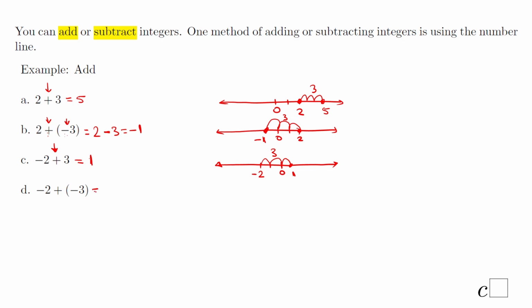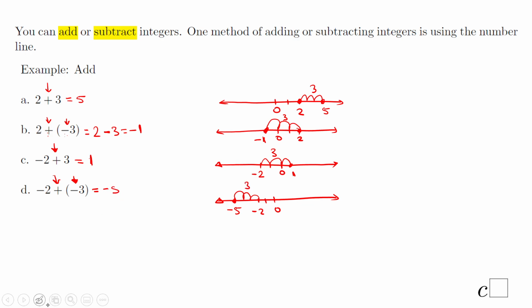And the last one, we have -2 plus -3. So I'm gonna go here to -2, 1, 2, and again I'm gonna add -3. That means from this -2 I have to move left 3 units, and this will be -5.